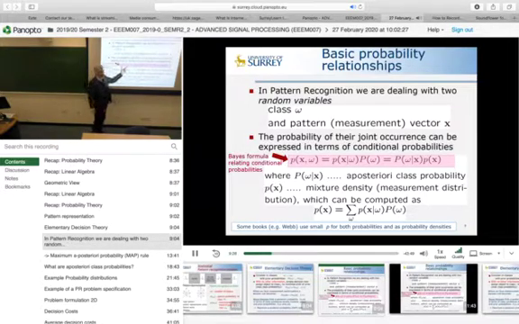The other way that we can split this joint distribution into conditional distributions and a marginal distribution is to write that P of X and omega is the same as P of omega and X, just with swapping around the variables. And that's P of omega given X times P of X. This is usually the thing that expresses what we want to know.